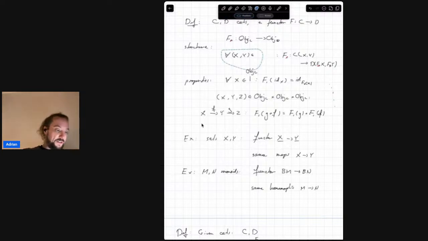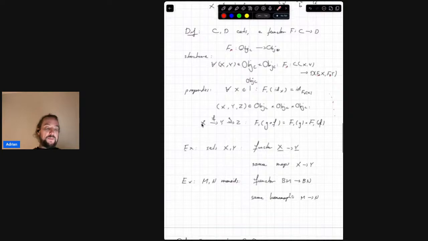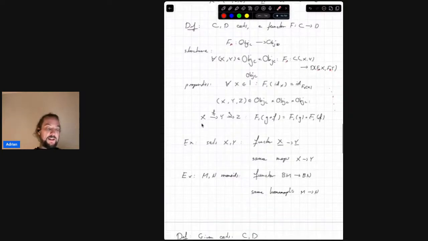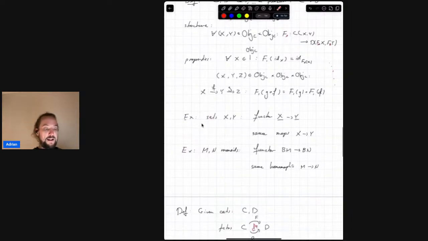For consistency, I should have written it like this. Then for any 2 objects, we get a map of sets between the corresponding sets of morphisms, obeying a bunch of rules that look basically just like the rules that we had for morphisms between monoids.